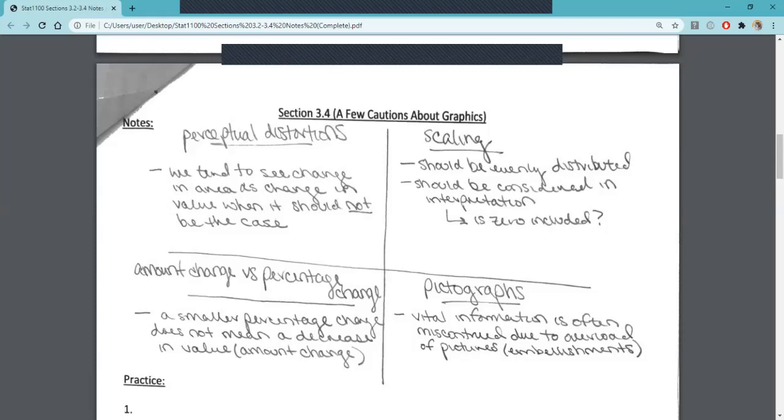And so these two are connected, amount change, percent change, and scaling. So we need to make sure that we are distributing our scales appropriately. Most of the time it's important to start at 0, unless our data is really far away from 0, in which case we need to consider our different intervals of spacing there. But we will see more examples of bad graphics as we go along.